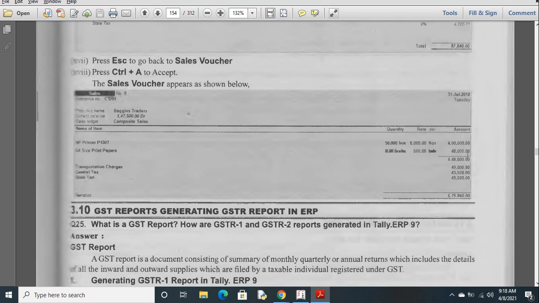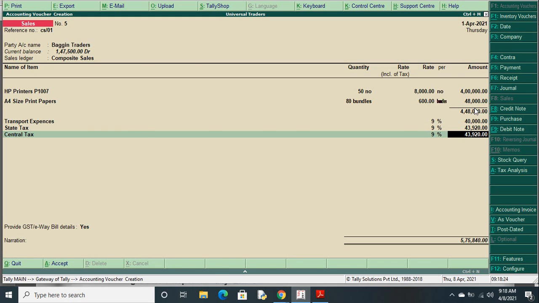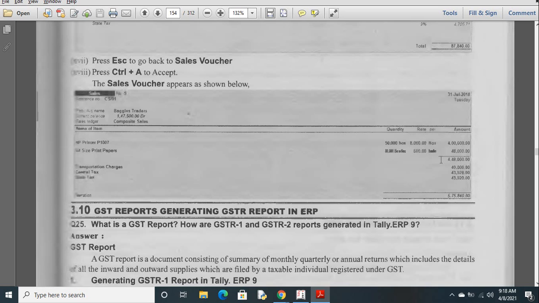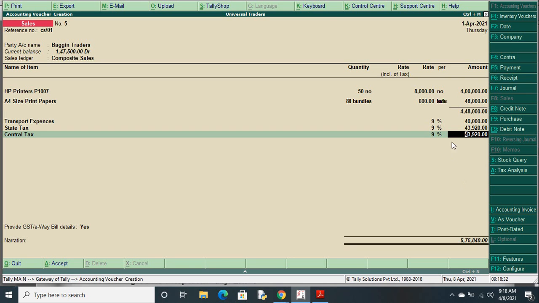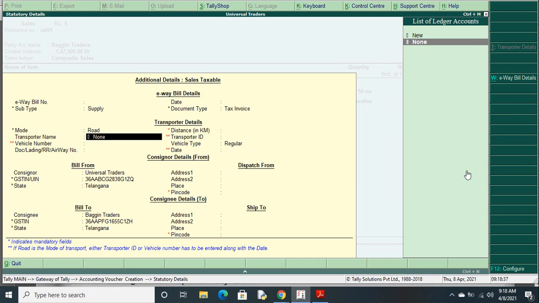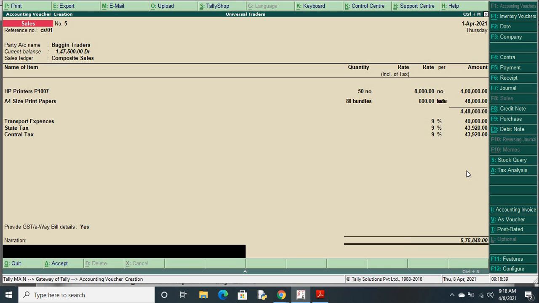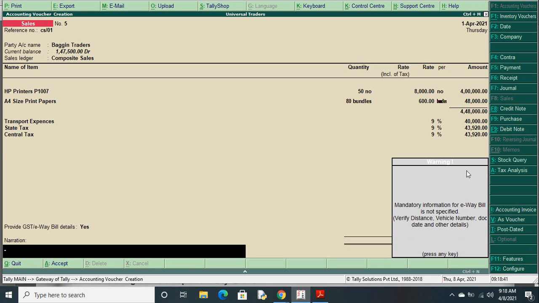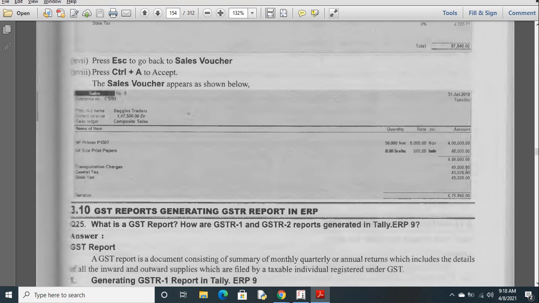So total 4 lakhs 48,000. This is 40,000 for transportation, central tax 43,920, state tax 43,920. So this will be the entry. Okay.